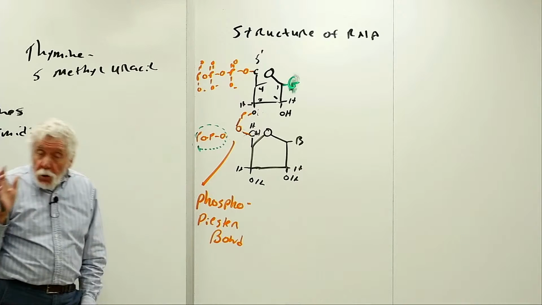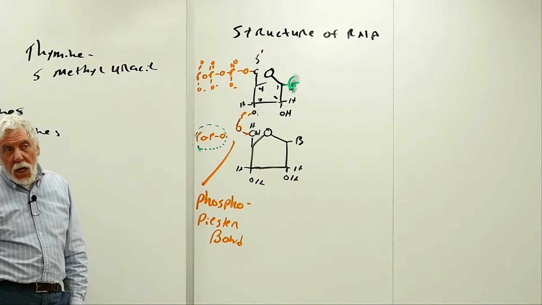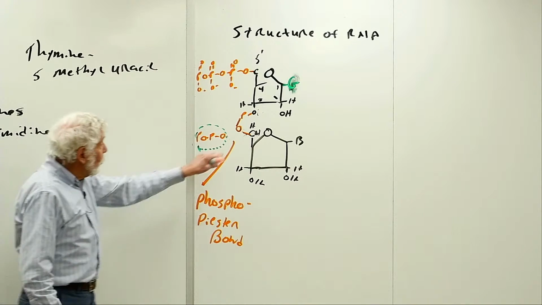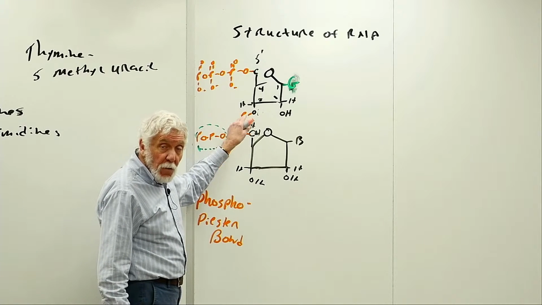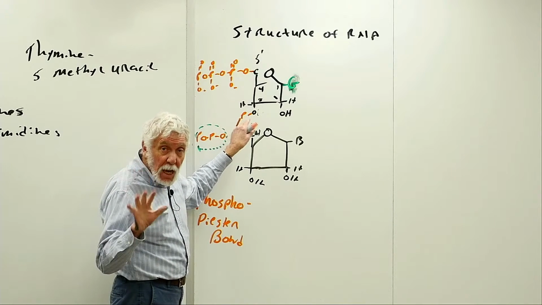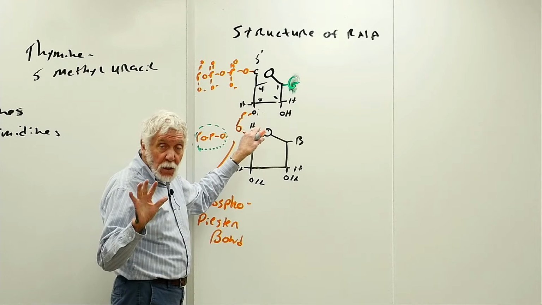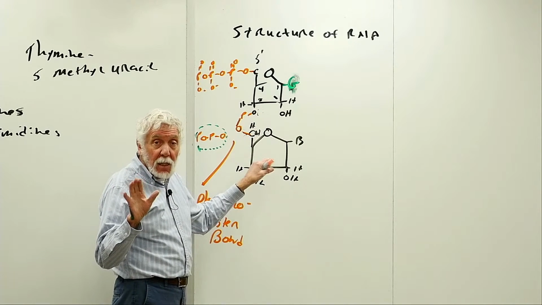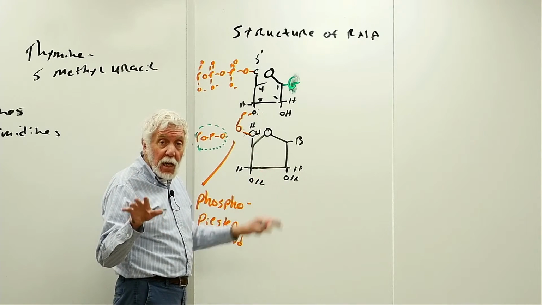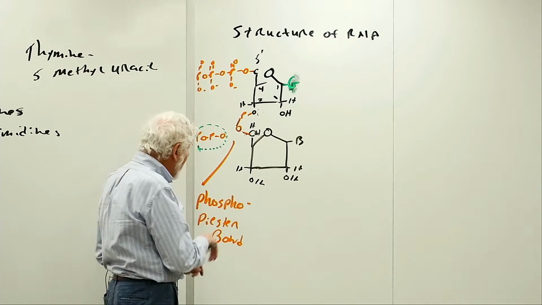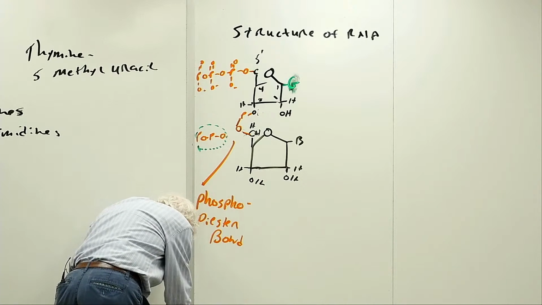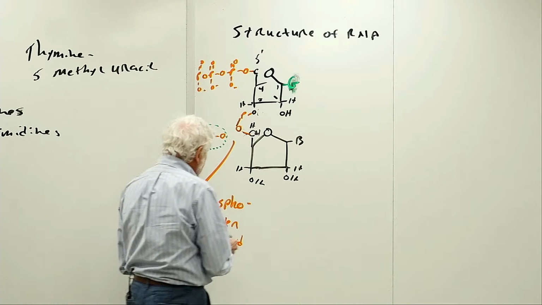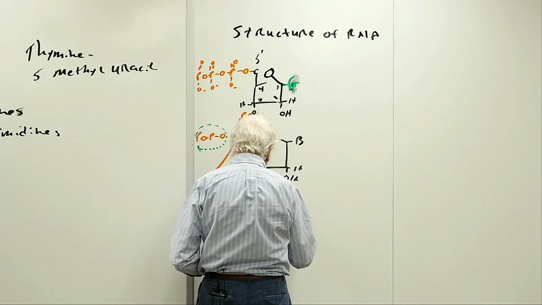So just as yesterday, we linked the deoxyriboses together in this great long string through those covalent linkages called the phosphodiester bonds, we can do the same thing here with RNA. Now we'll see here in a little bit it takes a different enzyme. It takes an RNA polymerase, where yesterday it was DNA polymerase. But nonetheless, we can make this great long string of ribose molecules.